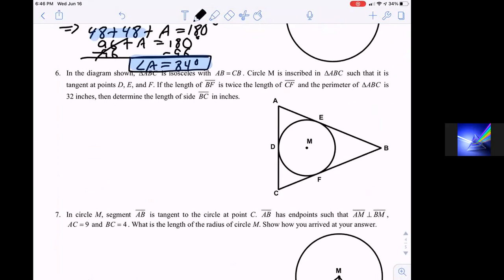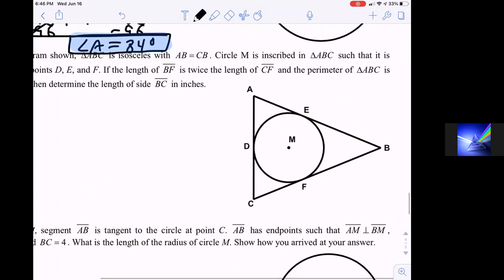Question 6, in the diagram shown, triangle ABC is isosceles with AB equaling CB. So AB equals CB. And you should be able to tell that because there are two tangent lines intersecting at the same point. So you should have known they were the same without them actually saying this statement here. Circle M is inscribed in triangle ABC such that it is tangent at points D, E, and F. The length of BF, okay, so let me color code this.